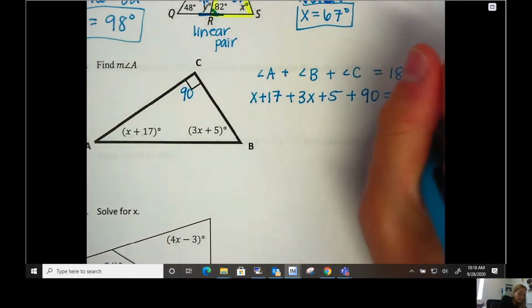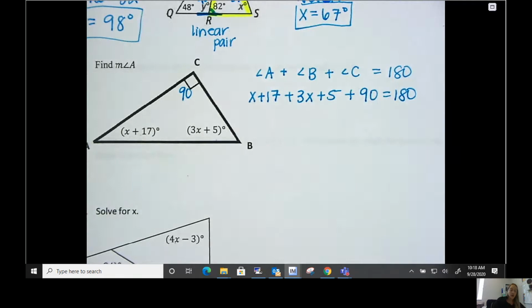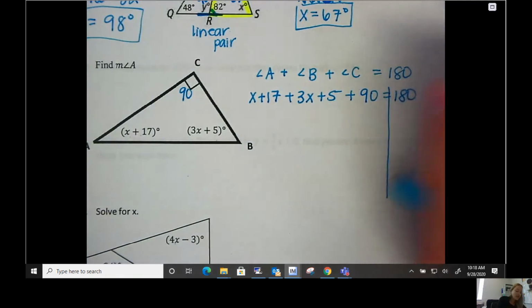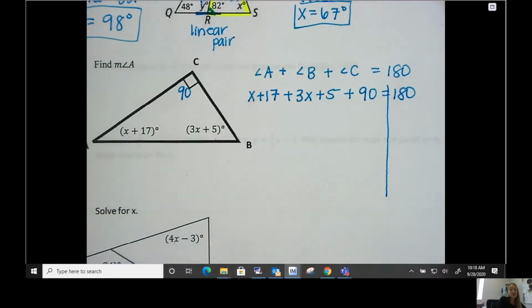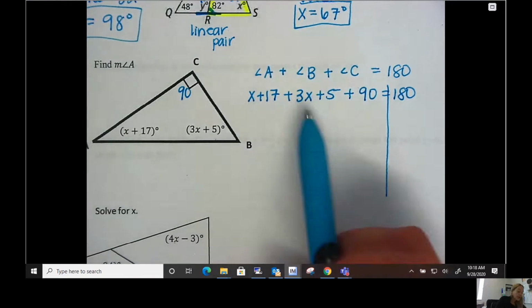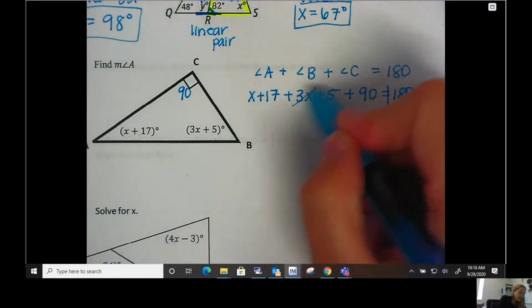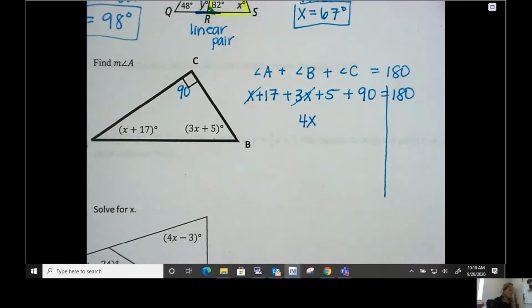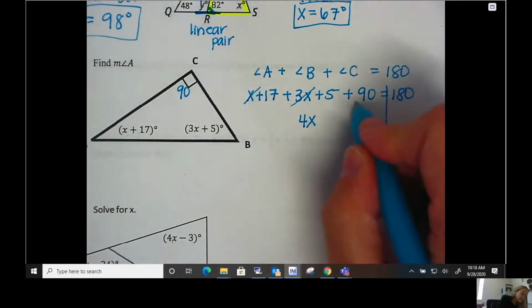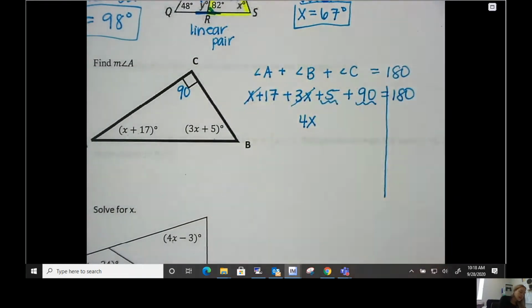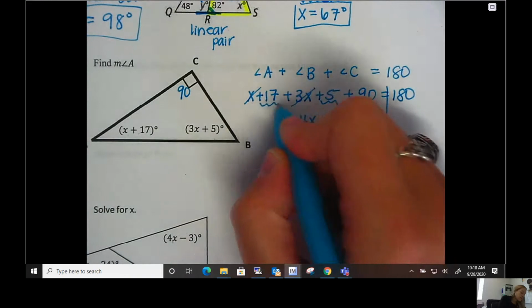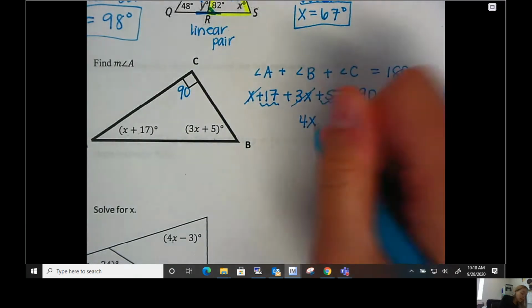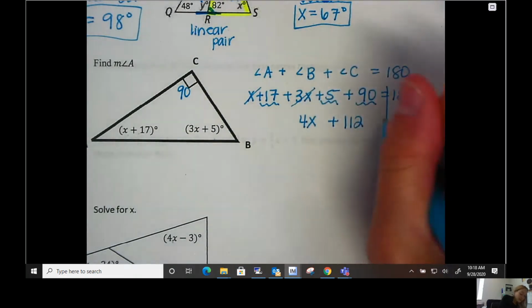So I add 90. Then I set it equal to 180, and then I'm going to solve like an algebra problem. The first thing I'm going to do is combine like terms. 3x and x gives me 4x. Then I'm going to add all my numbers together. 90 and 5 gives me 95. 95 plus 17 gives me 112.